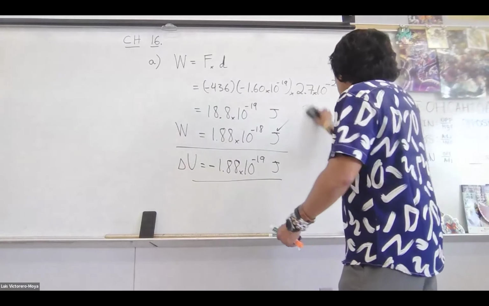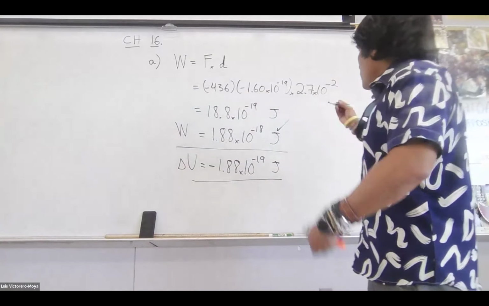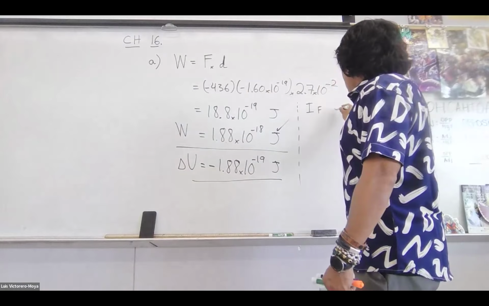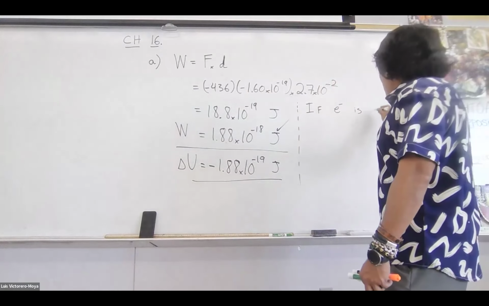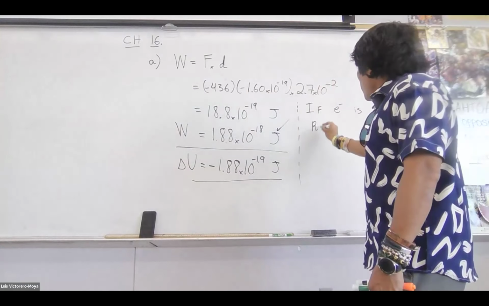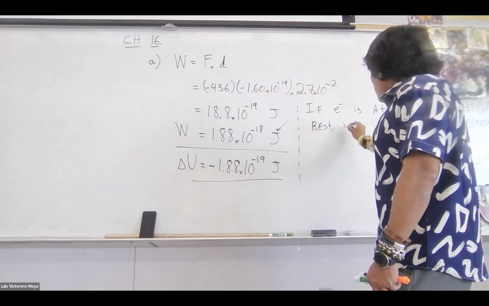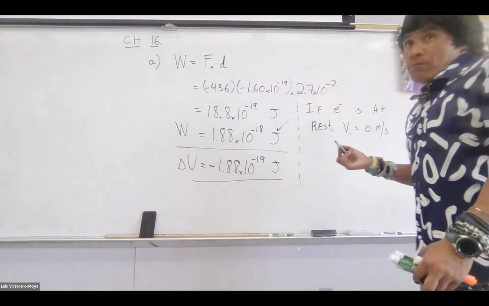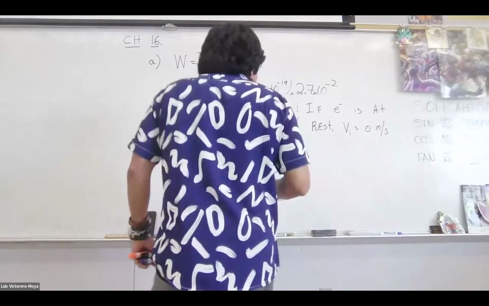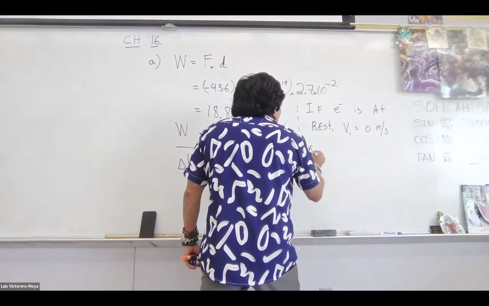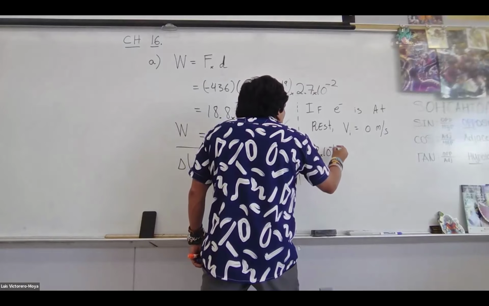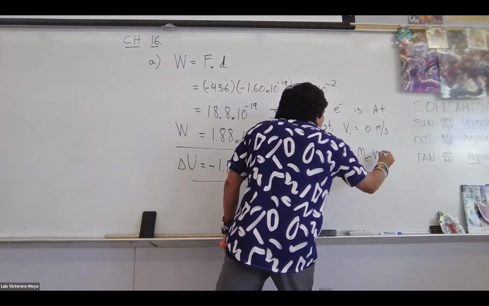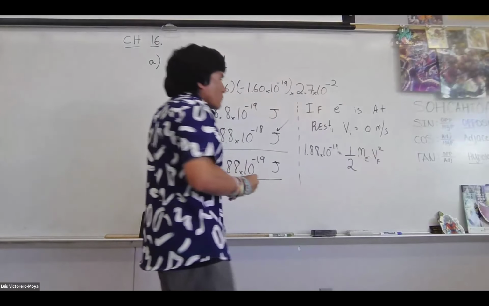Now, in the problem, they tell you that the electron is at rest. So if the electron is at the beginning at rest, that means that the initial velocity is 0, so the initial kinetic energy is 0. Then we can make 1.88 times 10 to the negative 18 equal to 1/2 the mass of the electron times the final velocity squared.